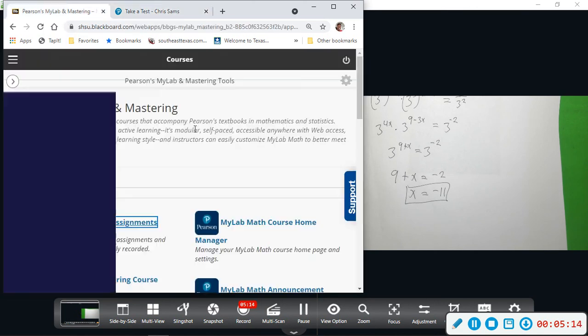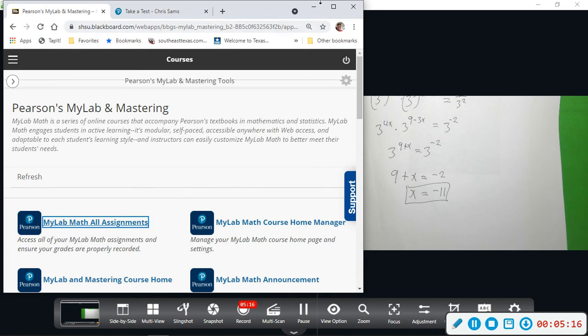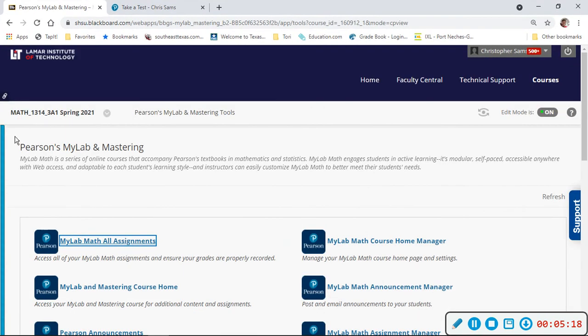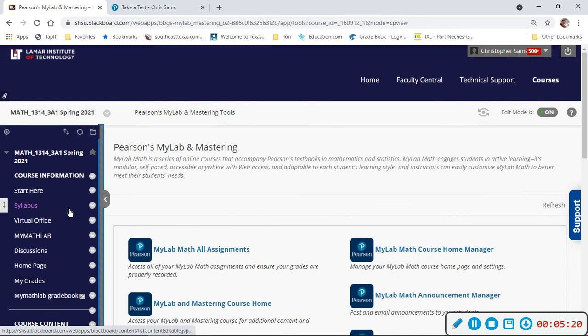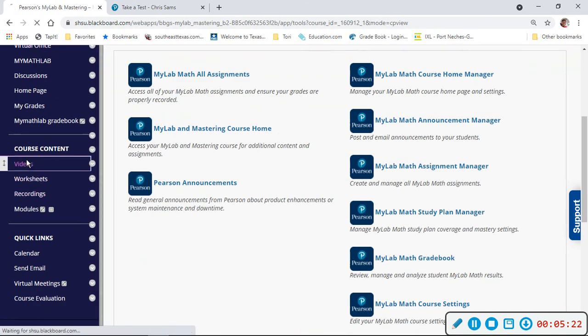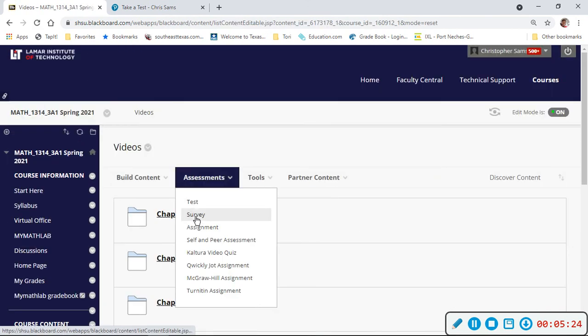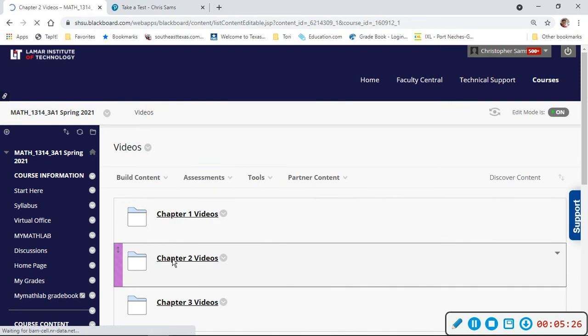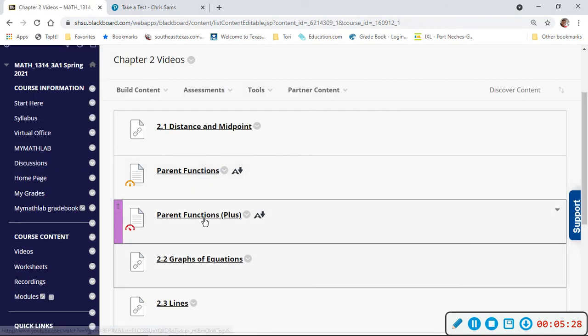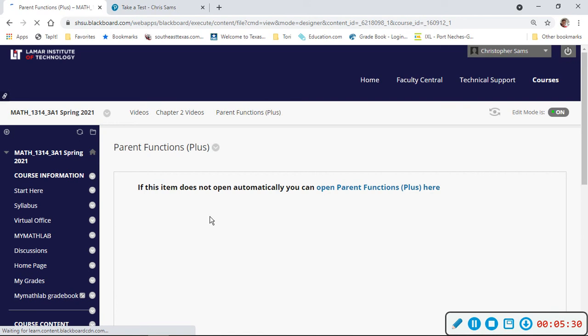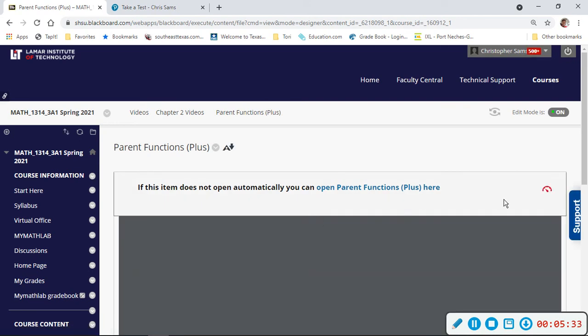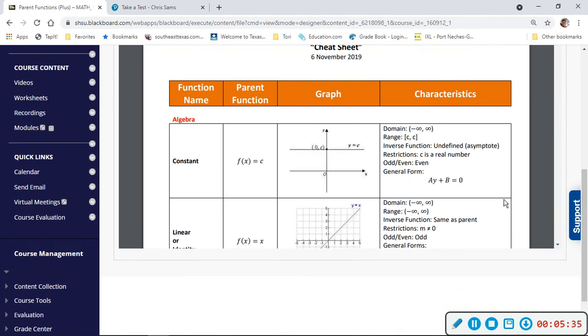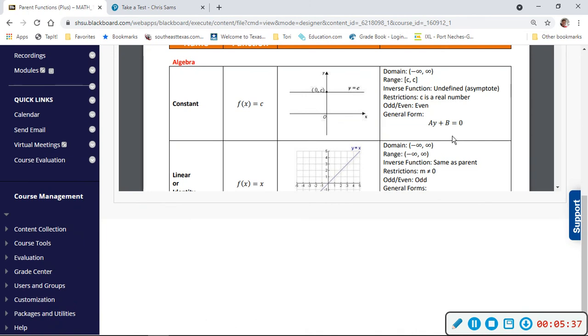I want to just go back and show you guys the graph. Let me pull the full screen up. Let me go to videos, and in chapter 2, and the parent function. I don't know if 1 over x squared is one of those graphs.